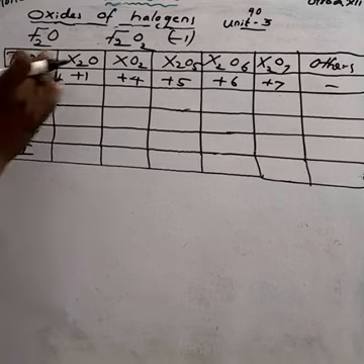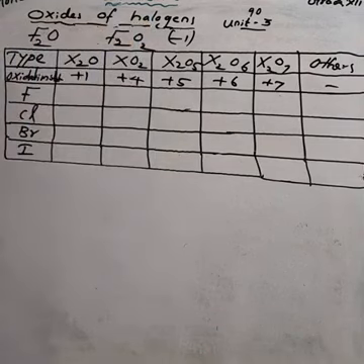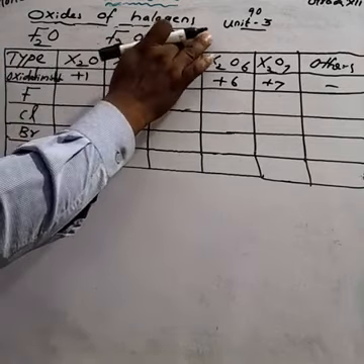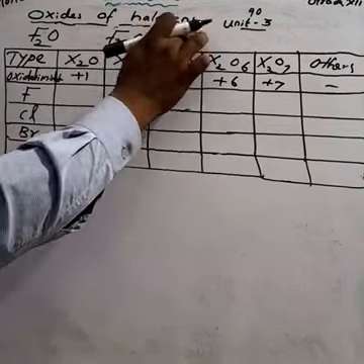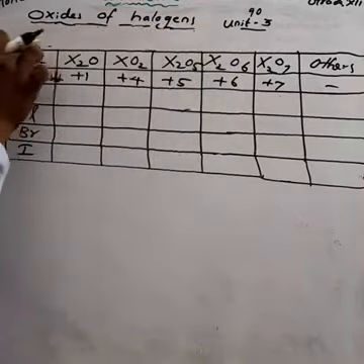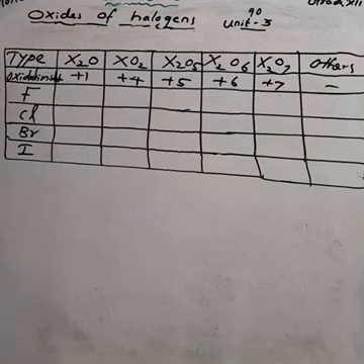Previously we discussed how we can find out the oxidation state. But the other halogens, except fluorine, do not react with oxygen readily. Fluorine can readily react with oxygen, but chlorine, bromine, iodine do not react with oxygen readily.